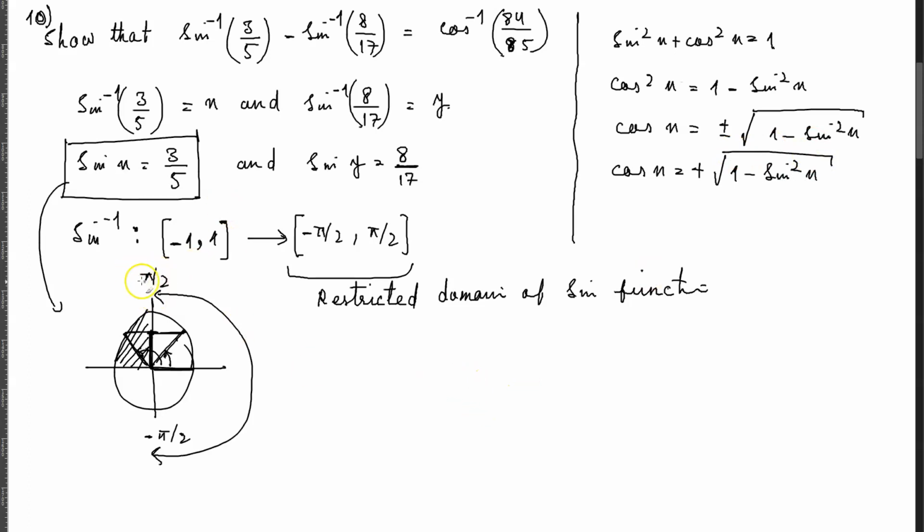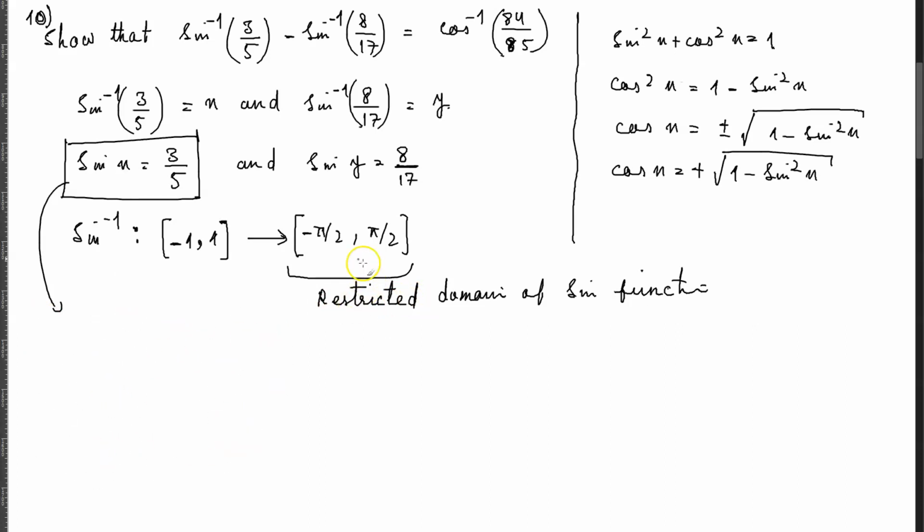Now I couldn't actually figure this out on my own when I was thinking, so now that I was talking about it, all of a sudden I got the solution. So what you can do is write cos of x is equal to positive square root of 1 minus sine squared x.